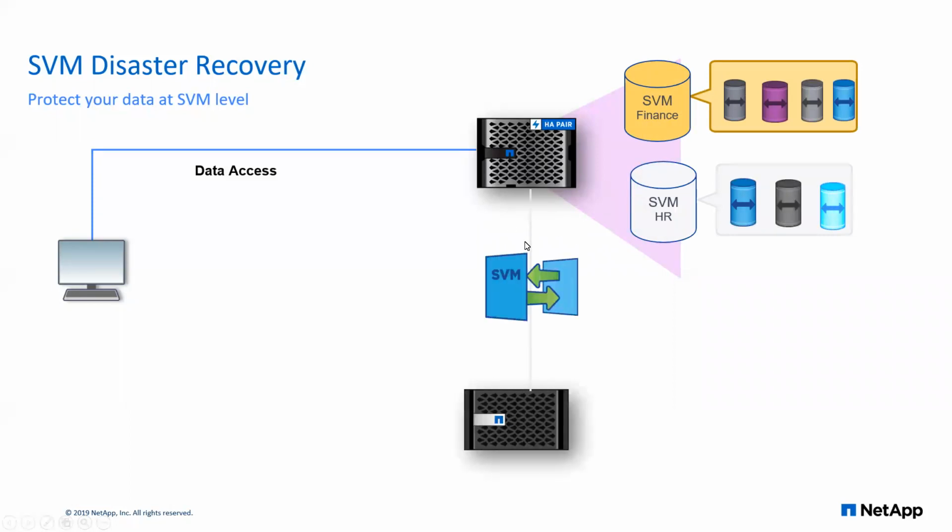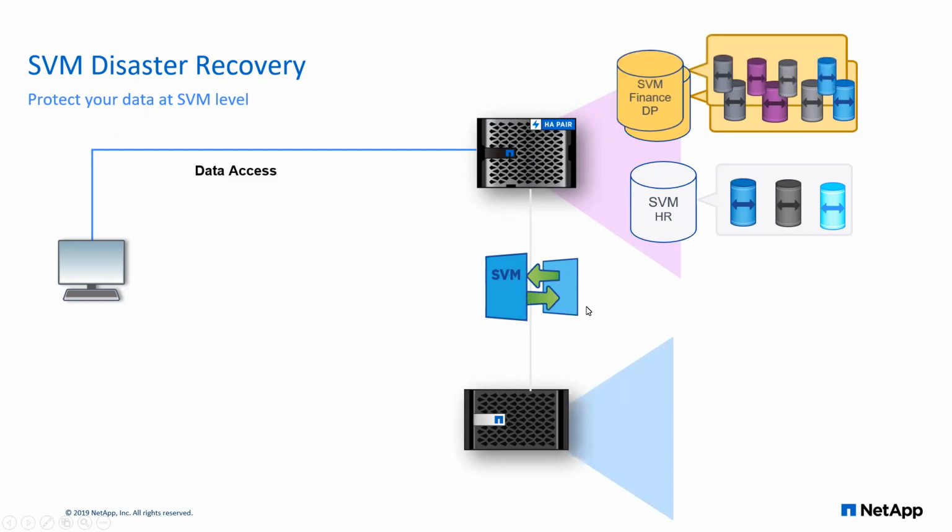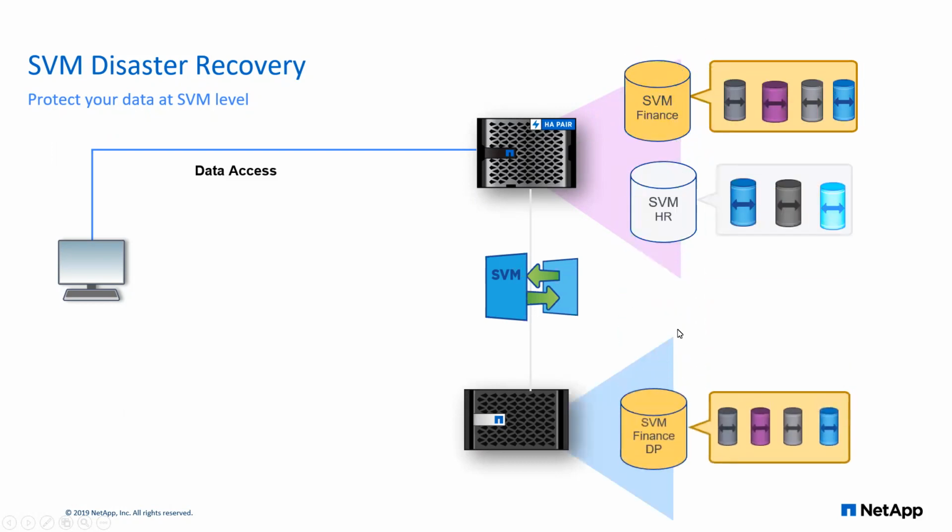And we're saying that there's a second ONTAP cluster that is paired with the first ONTAP cluster. They're using SVMDR to replicate that finance SVM to the destination cluster over here. Now let's say something happens to the source cluster, an asteroid, meteor, I don't know, any kind of terrible thing.